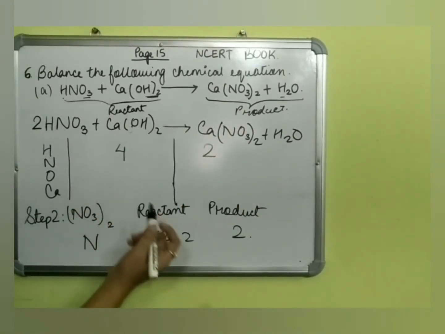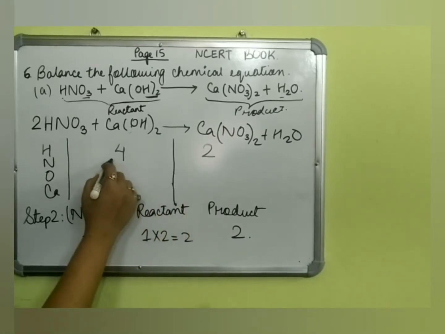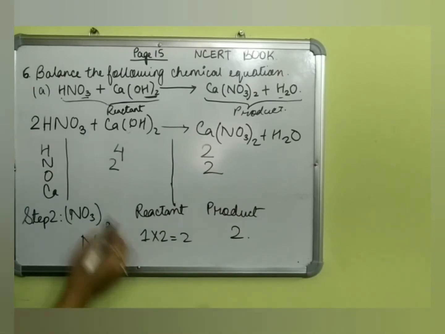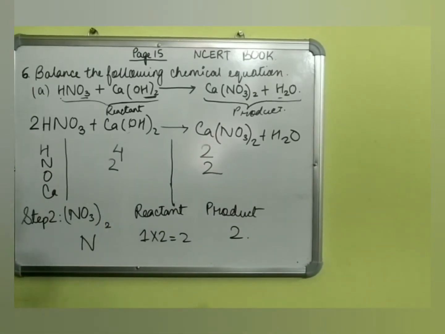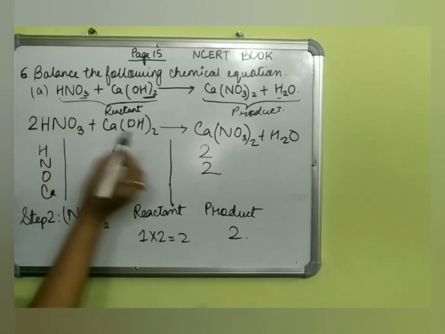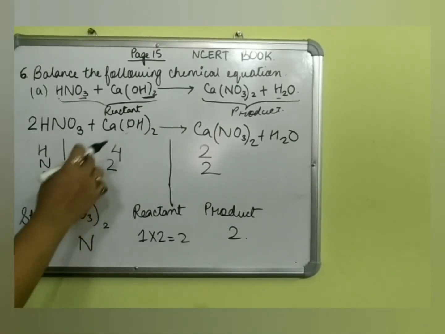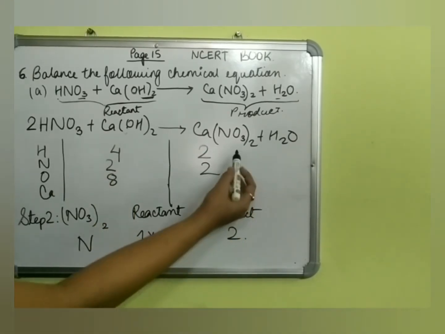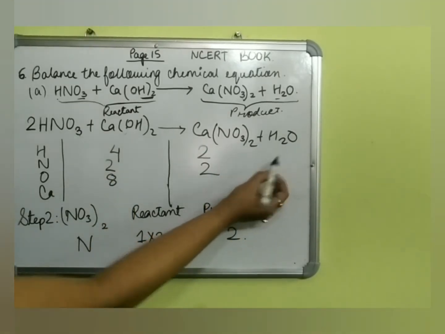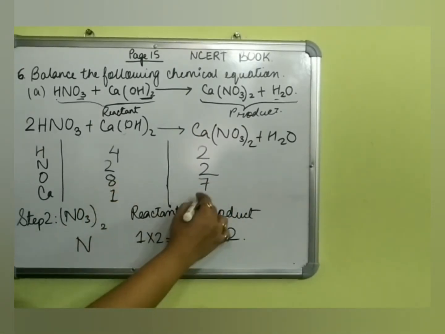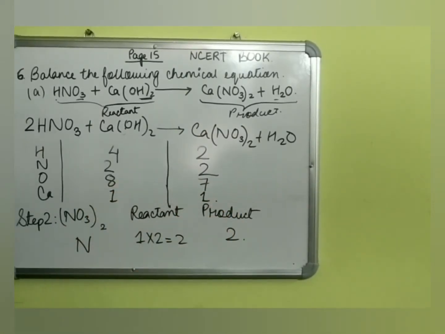For nitrogen, in the reactant side I have 2, and in the product side I have 2 nitrogen. For oxygen, I have 3 times 2, 6, plus 2, I have 8 oxygens, and in the product side I have 3 times 2, 6, plus 1, it will be 7. And calcium is the same, 1, 1.